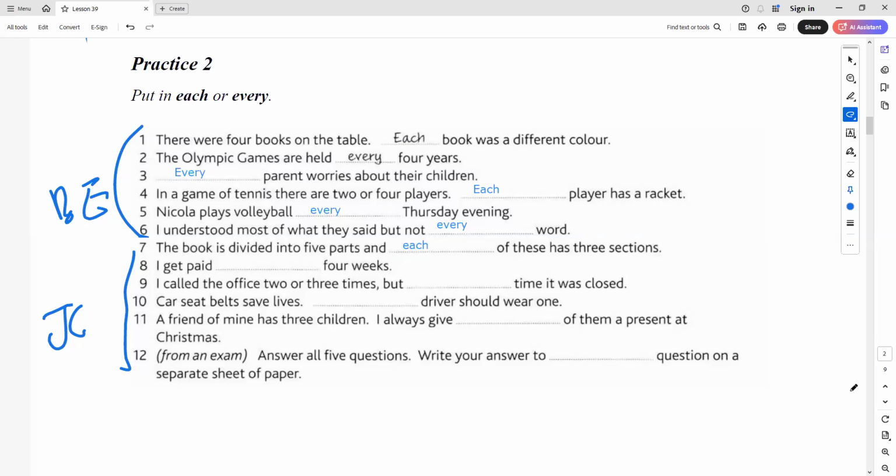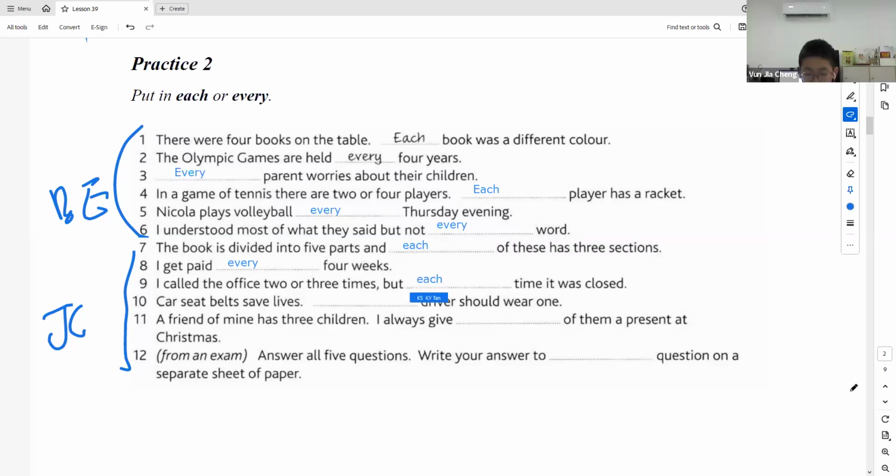Yes, very good. Number 8, I get paid every 4 weeks. Very good. Every 4 weeks, to show the frequency. Number 9, I called the office 2 or 3 times, but each time it was closed. Yes, each time. You've been there 2 or 3 times, but each time it was closed.